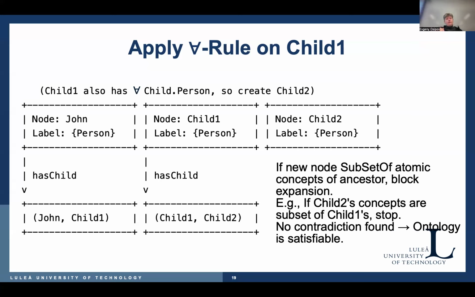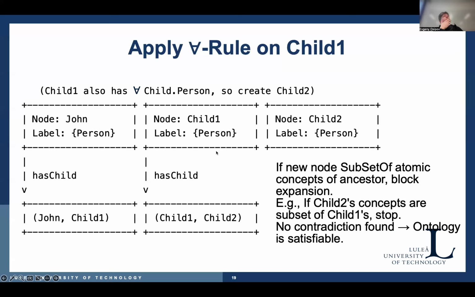But the algorithm, every time it creates a node, checks if the next one is a subset of the previously created one. So it terminates. For a proof of consistency, it's enough that we generated just this.